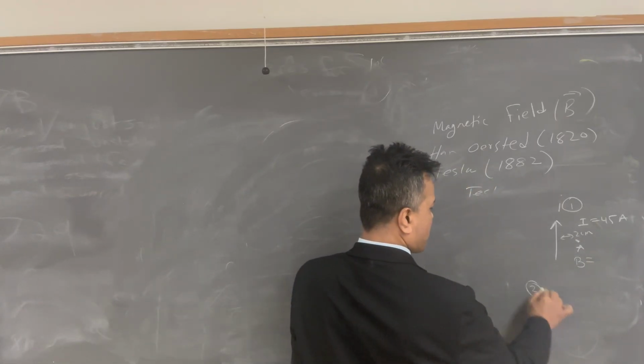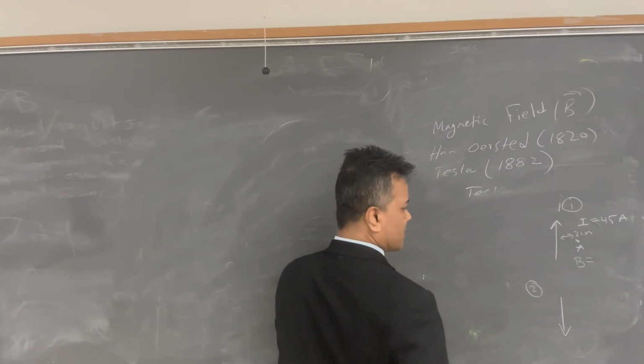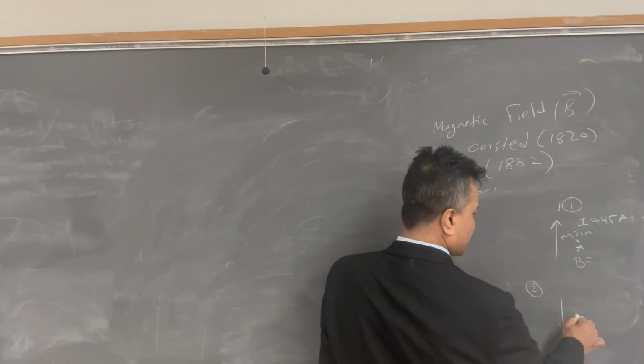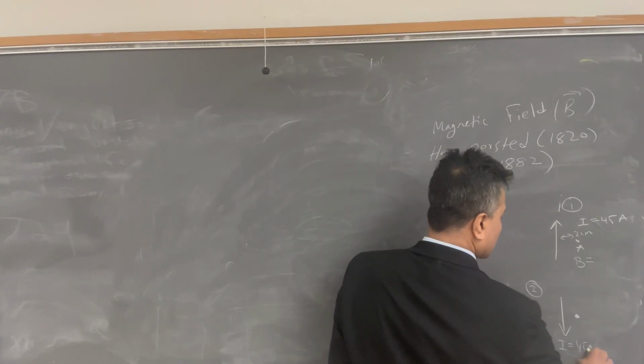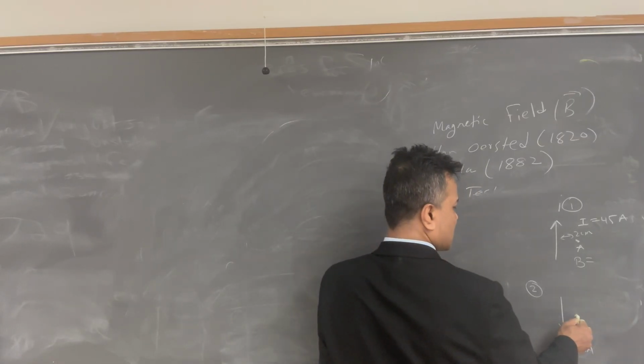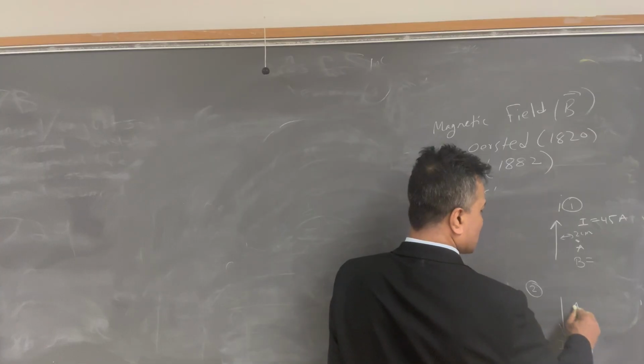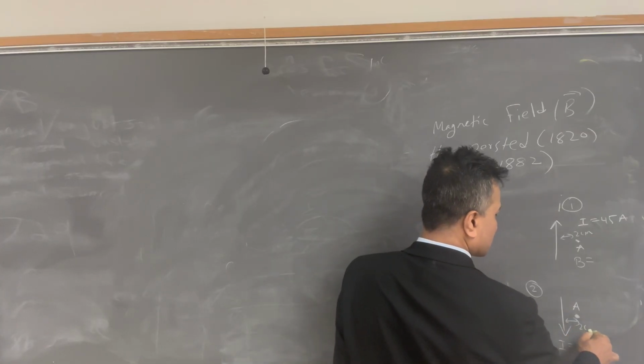Problem number 2, same thing. However, the current is moving in a different direction at the same magnitude. Current is 45 amps. Find the magnetic field at location A, which is again 2 centimeters from the wire.